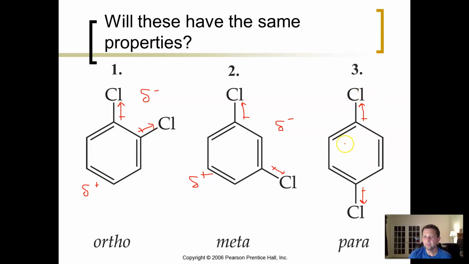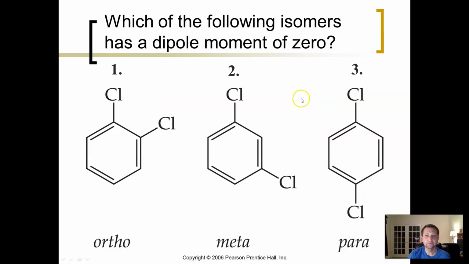But more nonpolar character for the para structure. We're going to do a lab, hopefully, in Unit 2 with this. Okay, this is para dichloro, 2 chlorines, benzene ring, para dichlorobenzene. All right, so that takes care of that little discussion there.